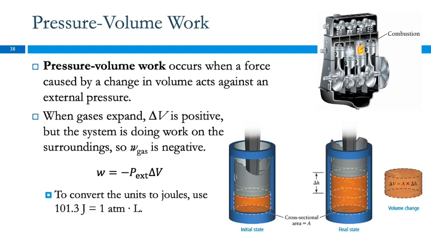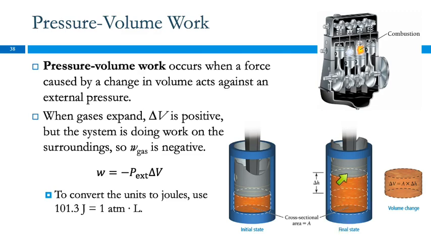So we talked about the change in internal energy is equal to Q plus W, heat plus work. So one type of work is called pressure volume work. This occurs when a force caused by a change in volume acts against an external pressure. So in our illustration here, we have a cylinder with a gas, and the gas expands in volume.